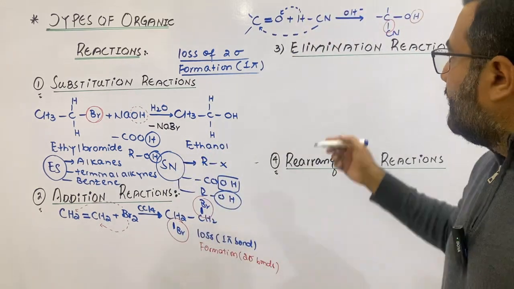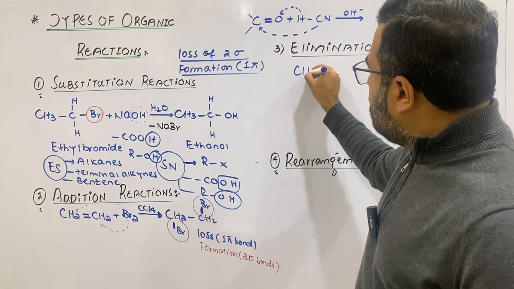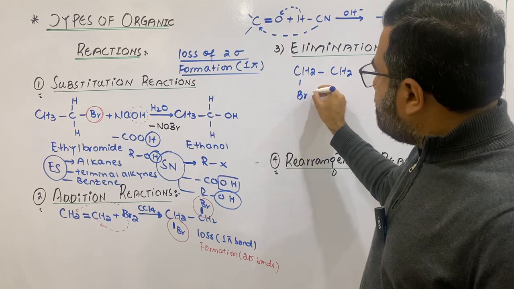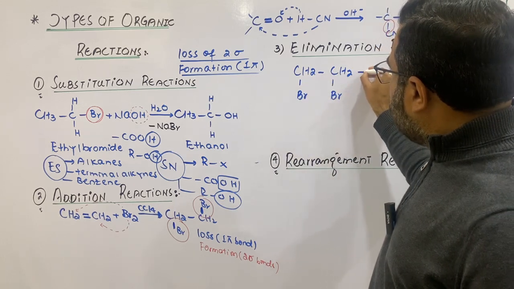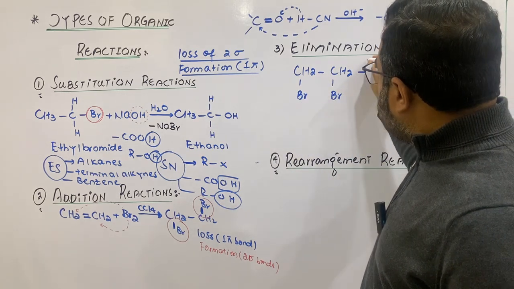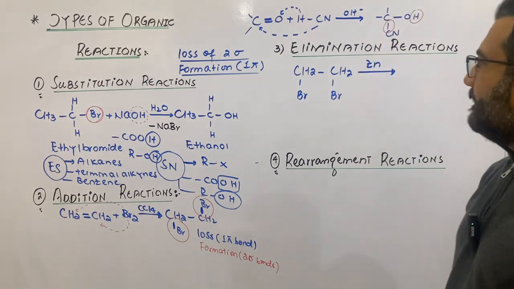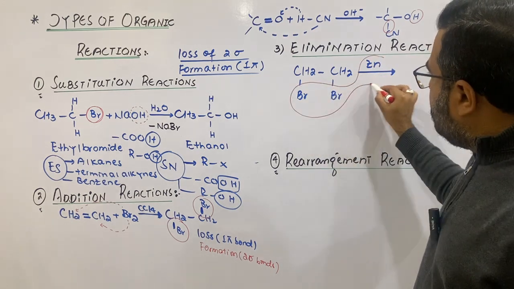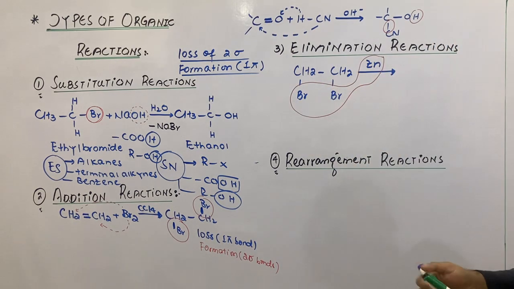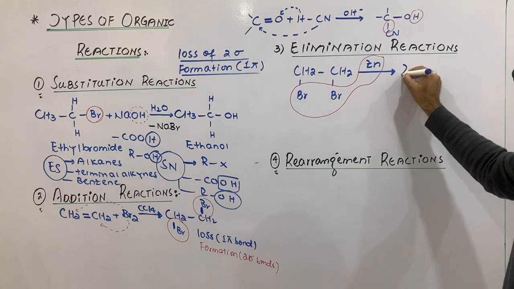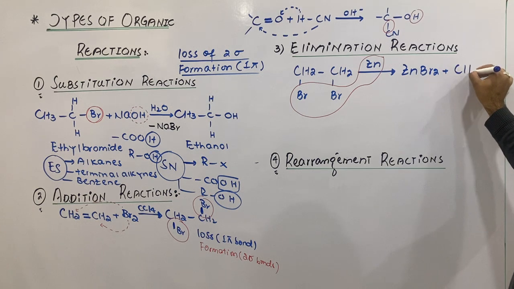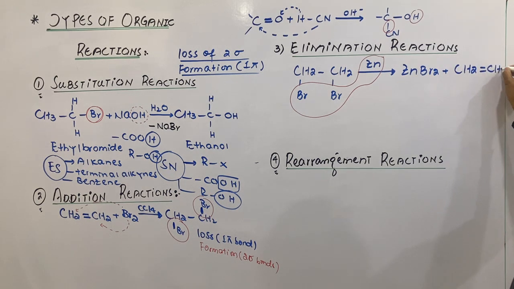For example, if we have 1,2 dibromoethane and that is treated with zinc dust. Now what happens? The zinc attaches both bromine atoms. You will get zinc bromide plus a pi bond will be formed between two carbon atoms and ethene will be generated.